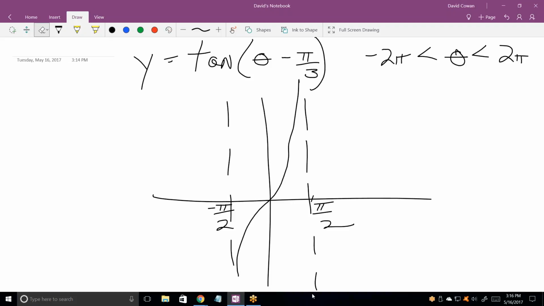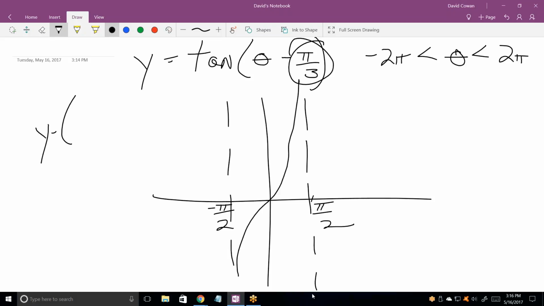Now, instead of drawing that, let's figure out how to handle this phase shift. What does that do? That changes the period? Nope. That is a horizontal shift. That changes the starting point.